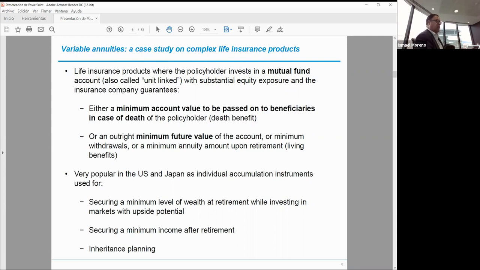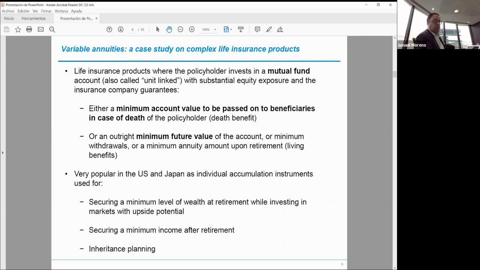That is guaranteed. And on top of that, the value that you can have from there in terms of the possibility of the stock market going up and earning that upside is virtually unlimited. So these are very, very popular in the United States and particularly in Japan, particularly for the accumulation phase, which is what we call the phase of your saving before retirement.